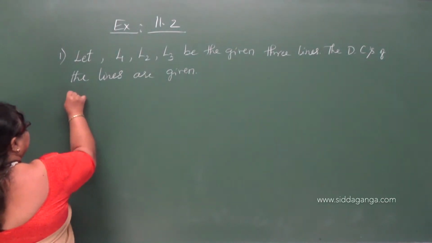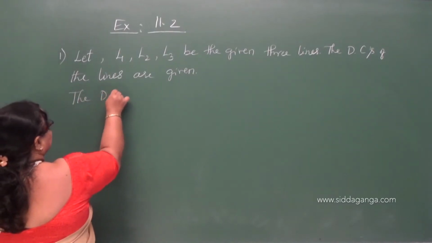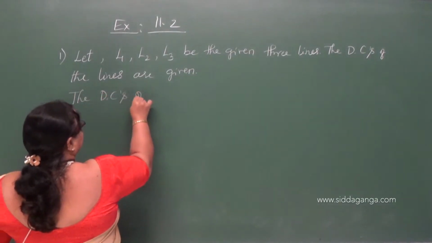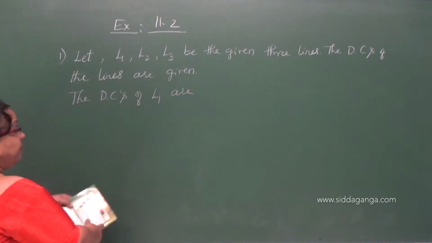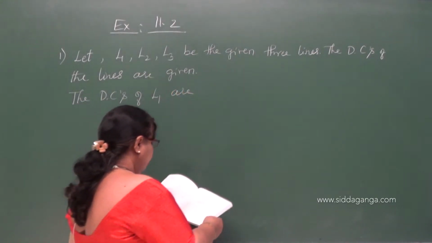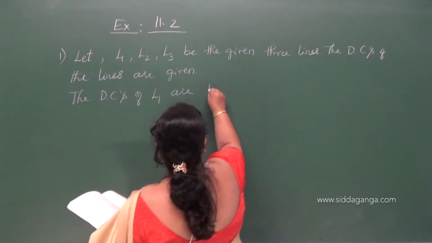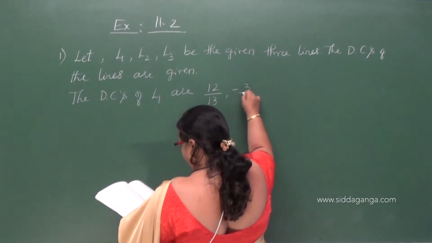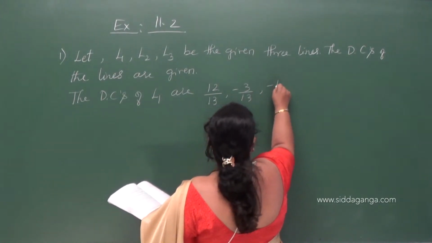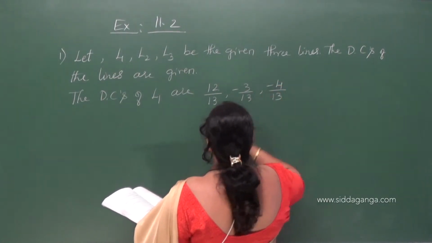The direction cosines of the first line L1 are given by 12 by 13, minus 3 by 13, minus 4 by 13.